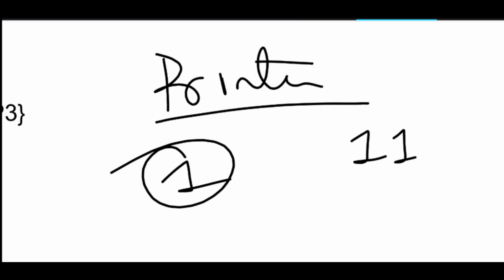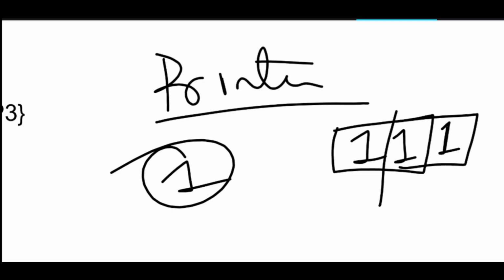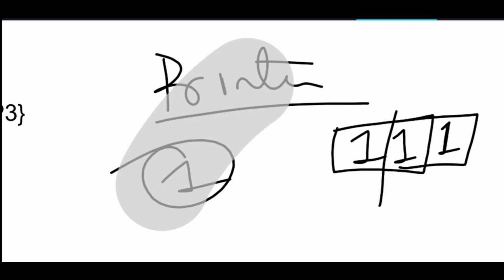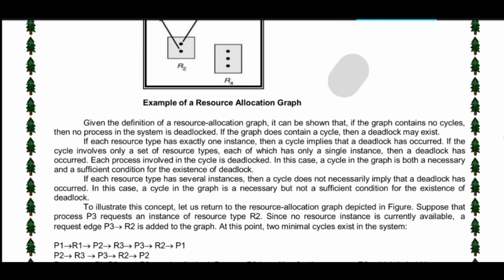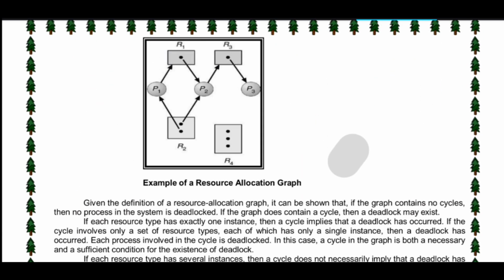If there are two printers, then there are two instances. If there are three printers, there are three instances. Instance means the availability of the same resource, where the number is multiple or single.